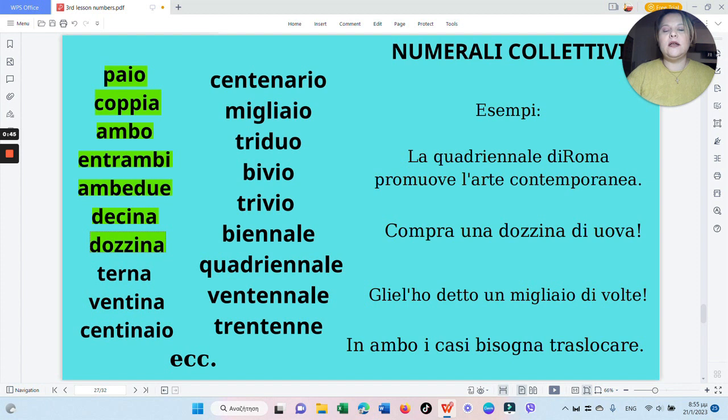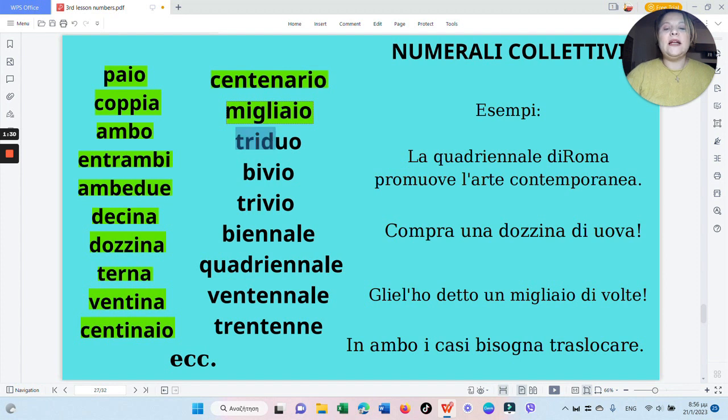Dozzina, a dozen. Terna is triad. Terna is a 3-day prayer for Catholics. Ventina, roughly 20. Centinaio, roughly 100. Centenario, centenarian. Migliaio, 1,000.